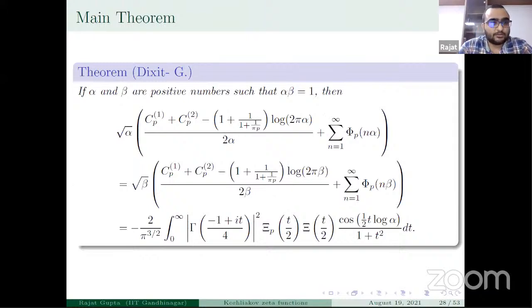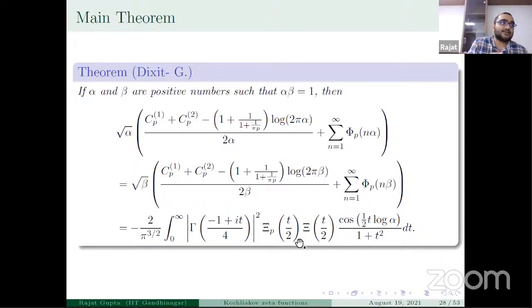So this is our main theorem, which states that if alpha and beta are two positive numbers such that alpha beta equals 1, then this modular relation holds. Let me comment on this formula. When we started to prove it, we didn't know where to start, what the left hand side would be, or what the right hand side would be.